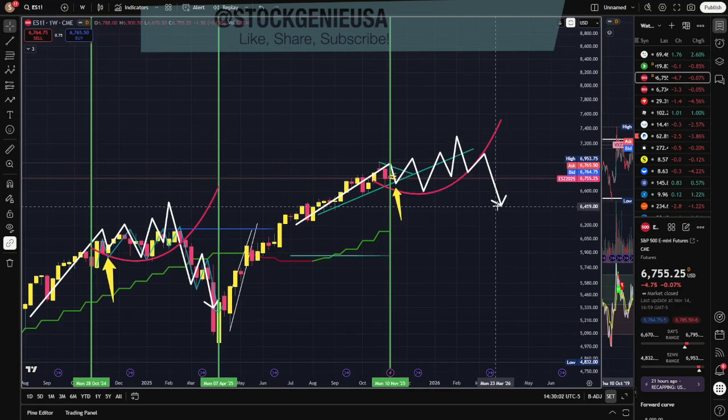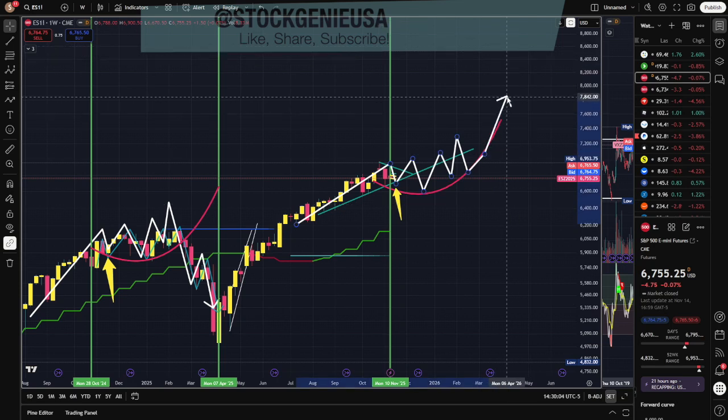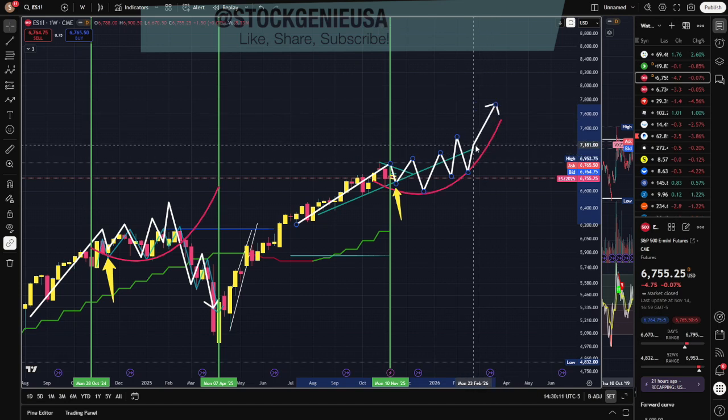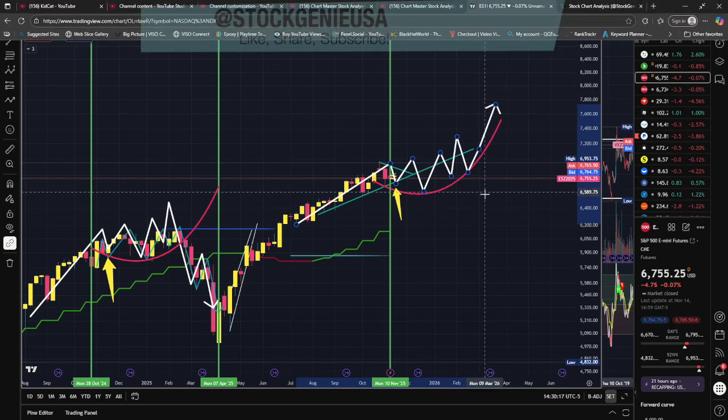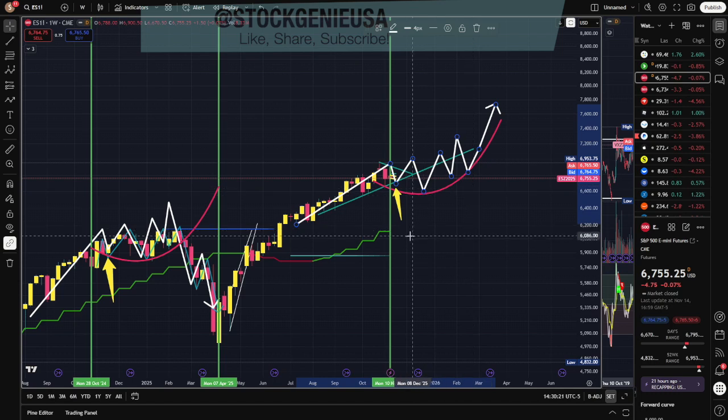This is not a crash on board if you're looking at the cycle specifically. There is nothing here that tells you that this is going to be crashing anytime soon.